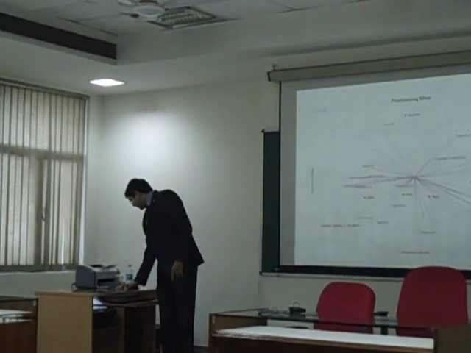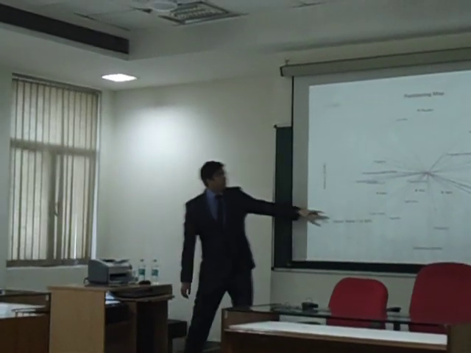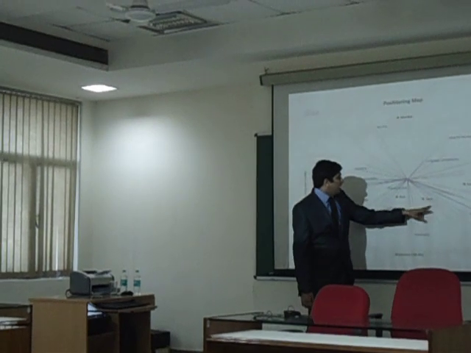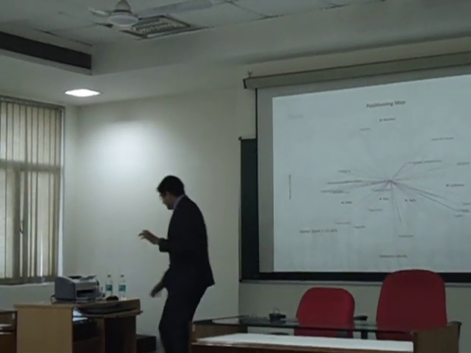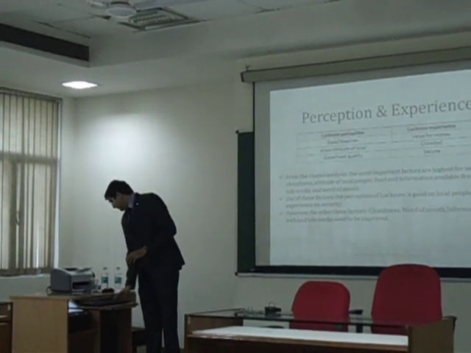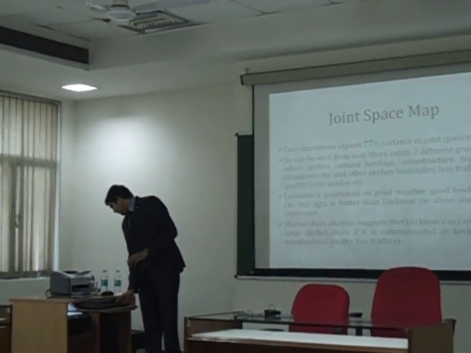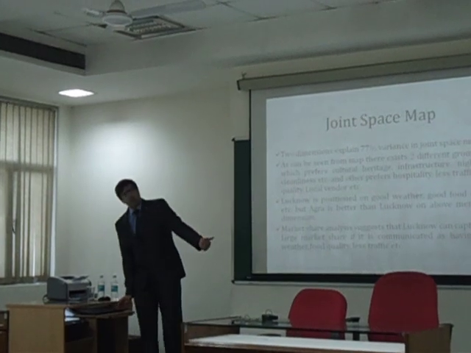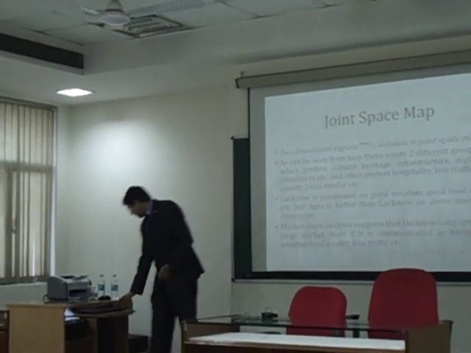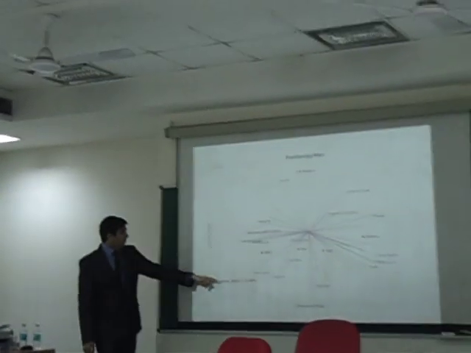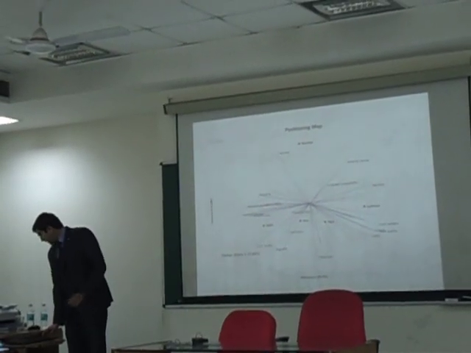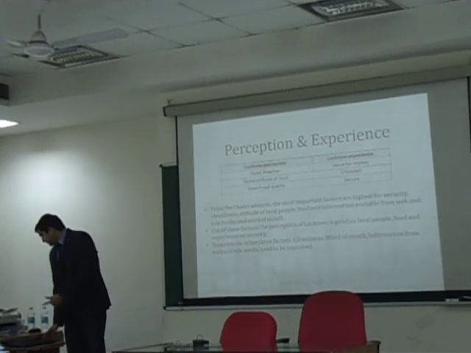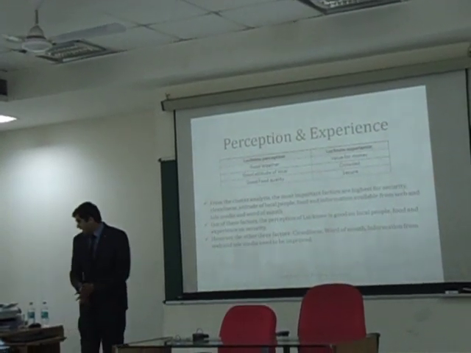But Agra is preferred by many people, so Agra is better placed and positioned there. Market share analysis also suggests that Lucknow can capture a good deal of market share, which is untapped potential as of now. And these are the final perception and experience.